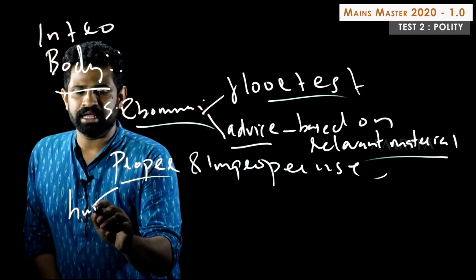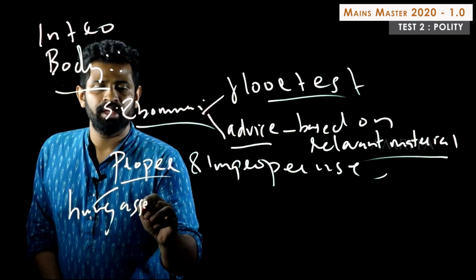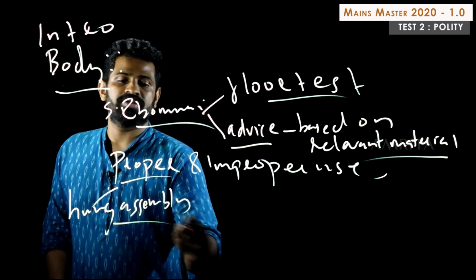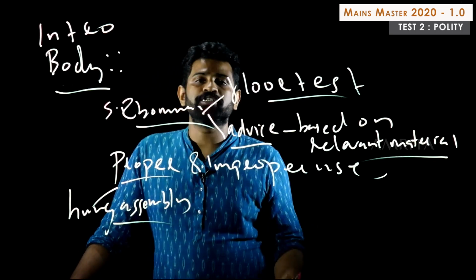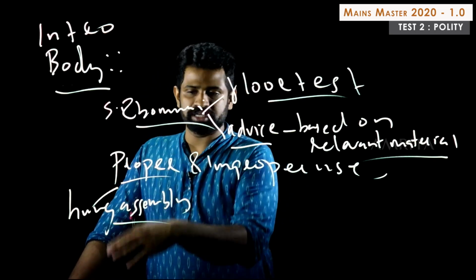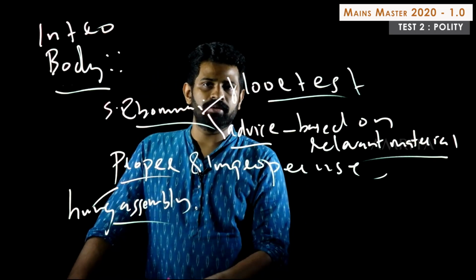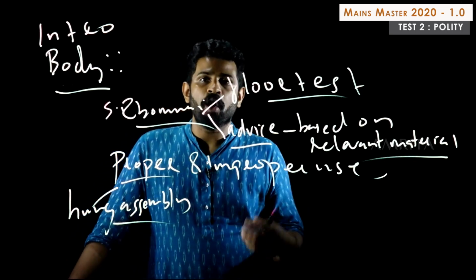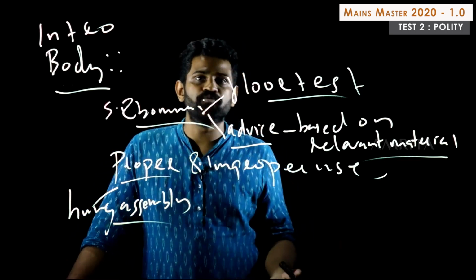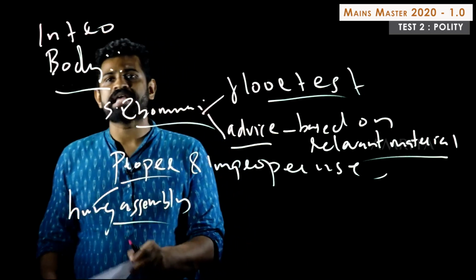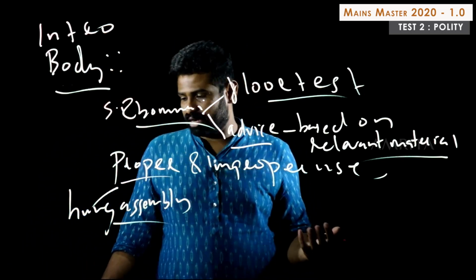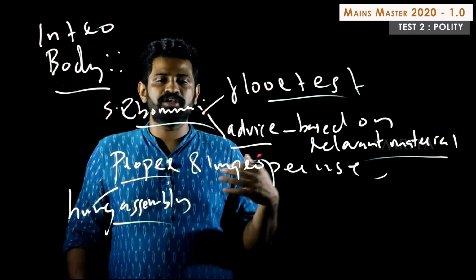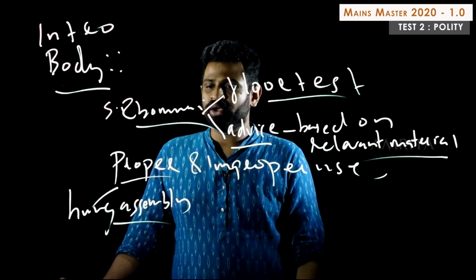In a hung assembly scenario, the governor can recommend president's rule. Otherwise, when a constitutional direction by the central government is rejected, the governor can recommend president's rule. Or if there is an internal subversion, where the state government is actively or deliberately acting against the constitution and the law of the land and is trying to foment a revolt. Okay, so that is all.